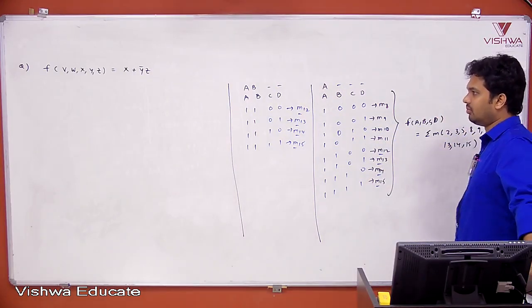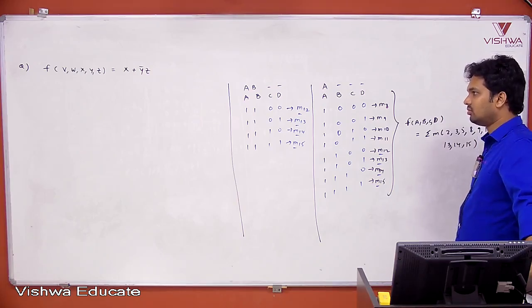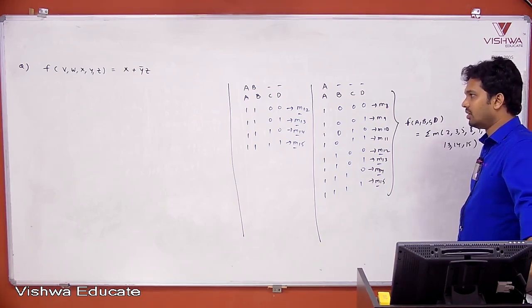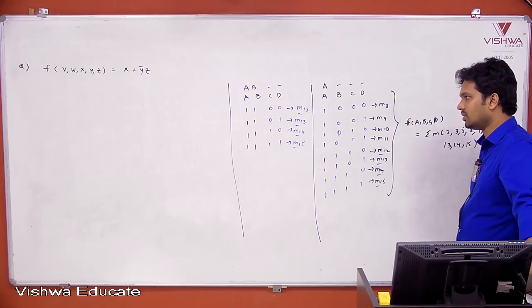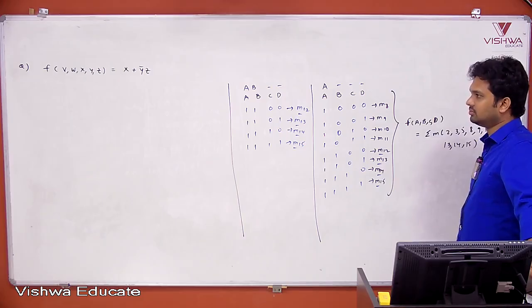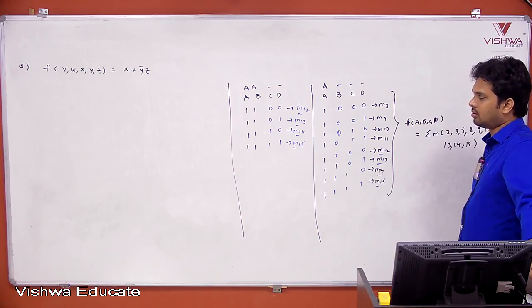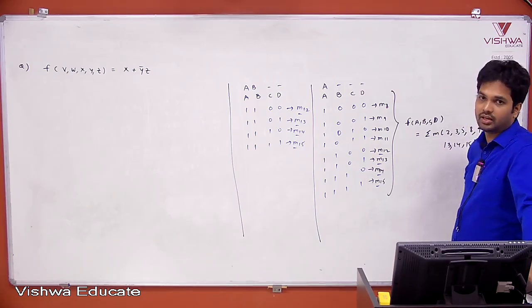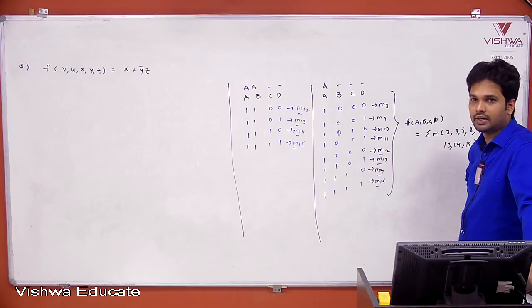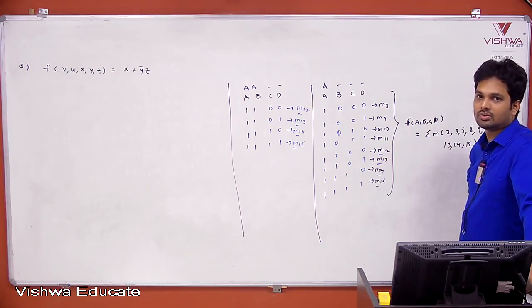F of v w x y z is equal to x plus y bar z. Determine the number of minterms in the canonical SOP form.